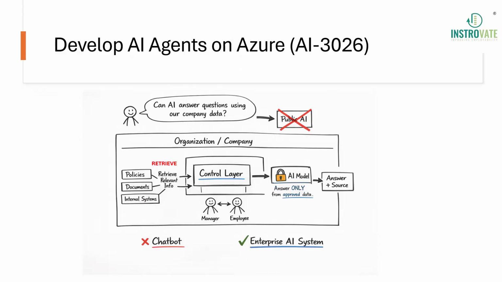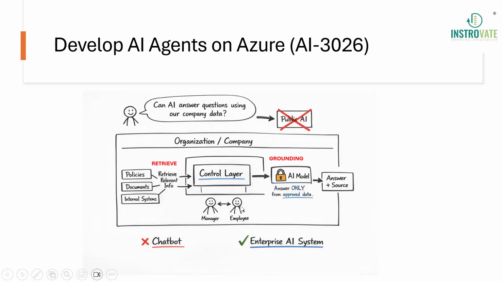When the control layer is looking into approved company data, this is where you think about retrieval, and this is where we cover the concept of retrieval in this course. When the control layer passes the answer to the AI model so that it can further check whether the answer is correct and as per the organization policy or not, this is where grounding happens. So this is where we are going to cover the concept of grounding.